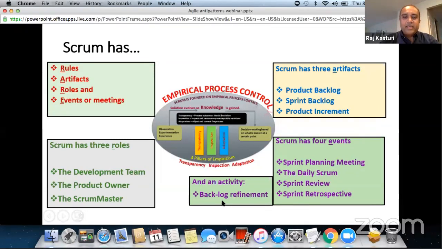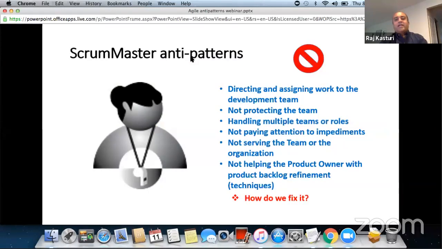So let me quickly get into, I meant to say, Scrum Master anti-patterns. One of the anti-patterns that I have seen in my experience is that Scrum Masters who come from different backgrounds, for example, a managerial or project manager background, or coming from a position of authority, tend to direct and assign the work to the development team.